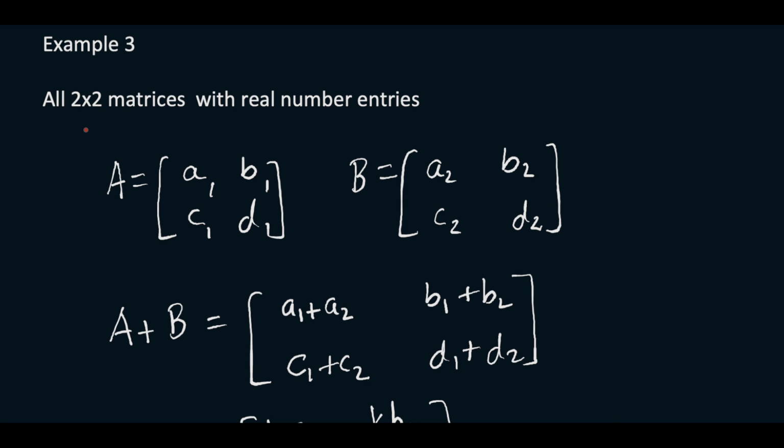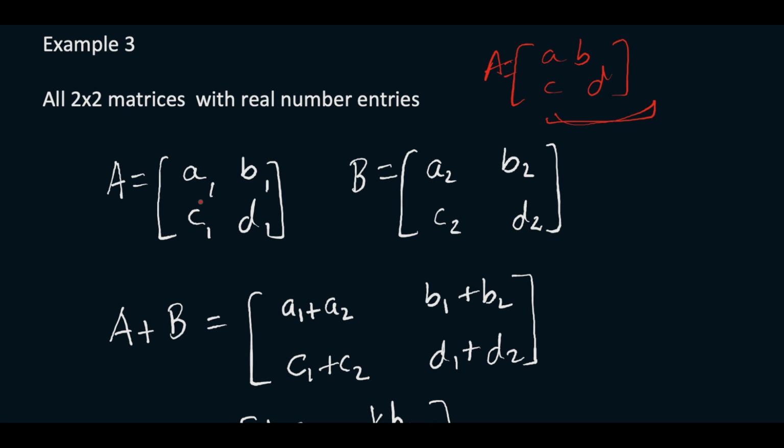Let us take another example with matrices. Our vector space is considered to be all 2 by 2 matrices with real number entries. So our matrix A has the entries a, b, c and d, where a, b, c, d are all real numbers. Now if you can do linear combination operations on the matrices and all those a, b, c, d remain real, then it will be a vector space.